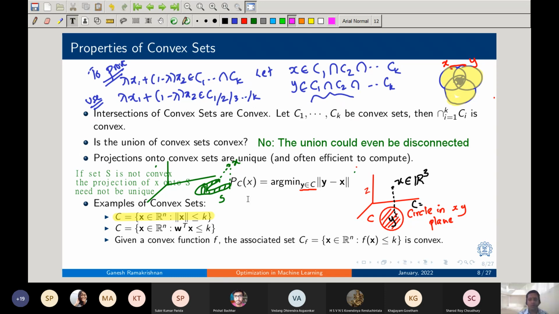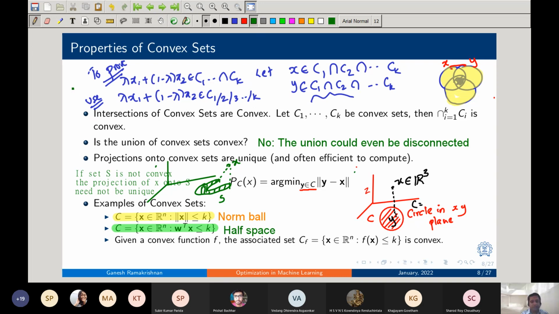It's called the norm ball. Another example of a convex set is the hyperplane, or actually half space. All the points that lie, say, below K in terms of the dot product with a fixed W. So these give you something called a half space. Okay, we'll see a little bit more on that in the subsequent slide, at least the norm ball.